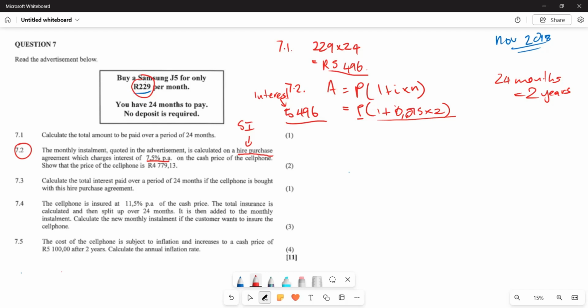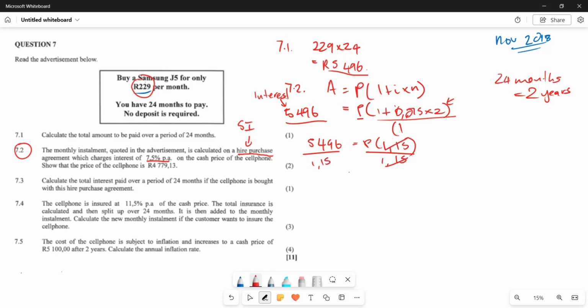So here you are going to divide by the 1 plus that. Let me write this and continue. This is 5496, which equals P into the entire bracket, which is 1.15. So you're going to divide by 1.15 on this side and divide by 1.15 on this side.